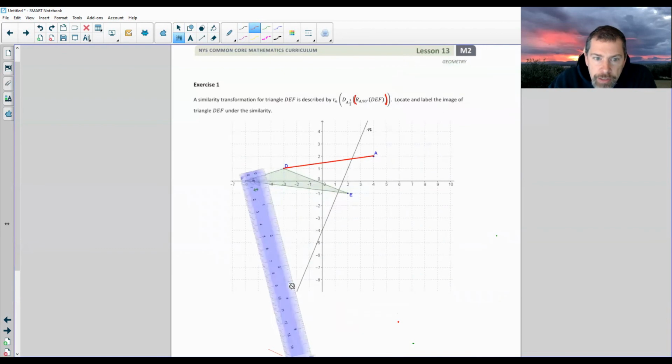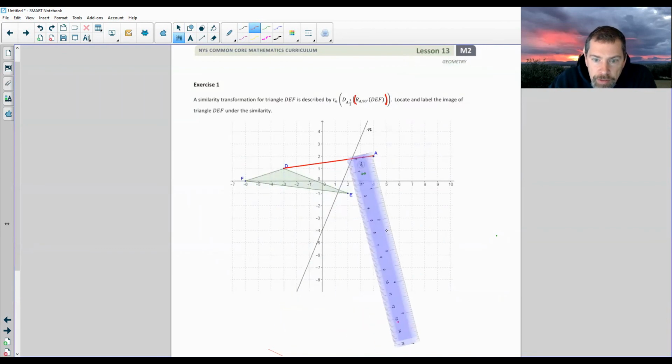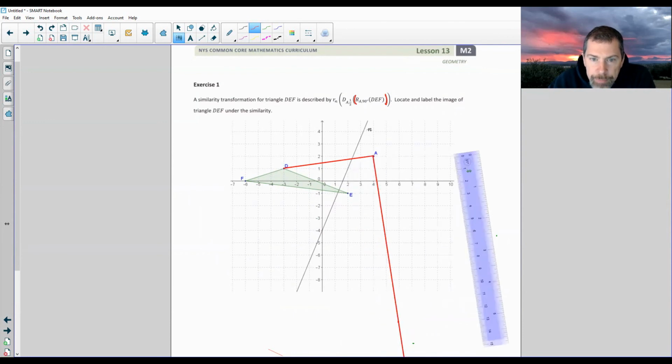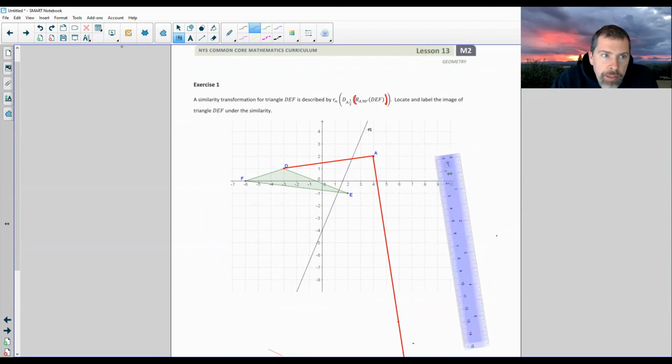If I rotate this and line it up with the red dot down here, that is 90 degrees, okay? The easiest way to draw this would be with a compass.